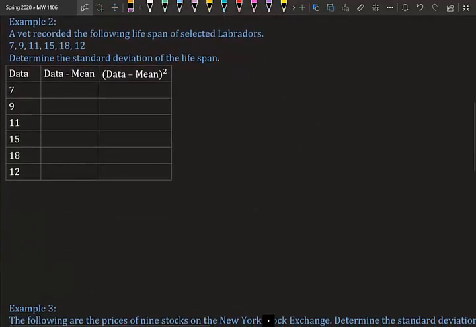So a vet recorded the following lifespans of selected Labradors: 7, 9, 11, 15, 18, 12. Determine the standard deviation of the lifespan. Our first step is to find the mean, which is that little bar x. To find the mean, the mathy explanation is summation of x over n.